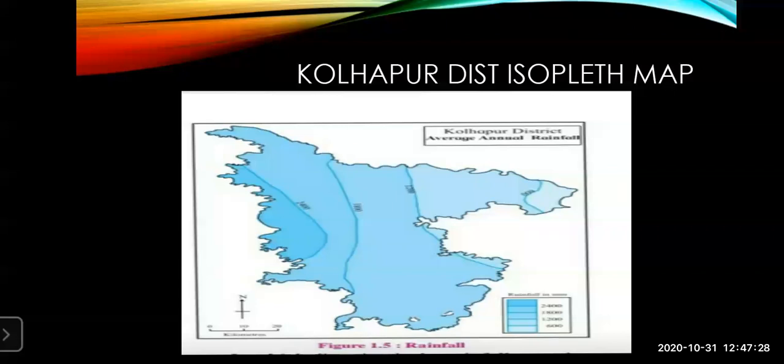We have already seen why the same value is given in the isopleth map from one end to another end. Suppose it rains in Bandra, in Chembur, in Govandi, then the whole area will be getting rain. Only the intensity will have a little difference. So one part is not considered, but the whole line is considered.